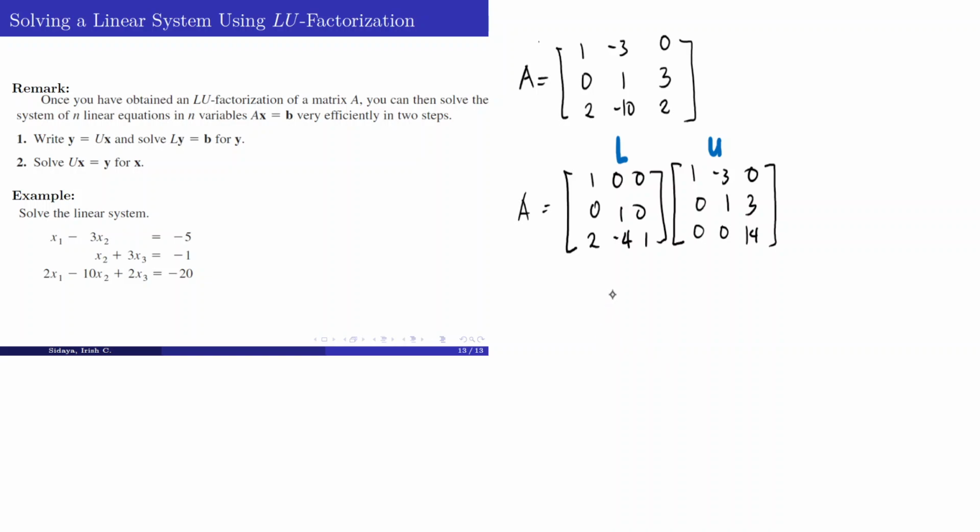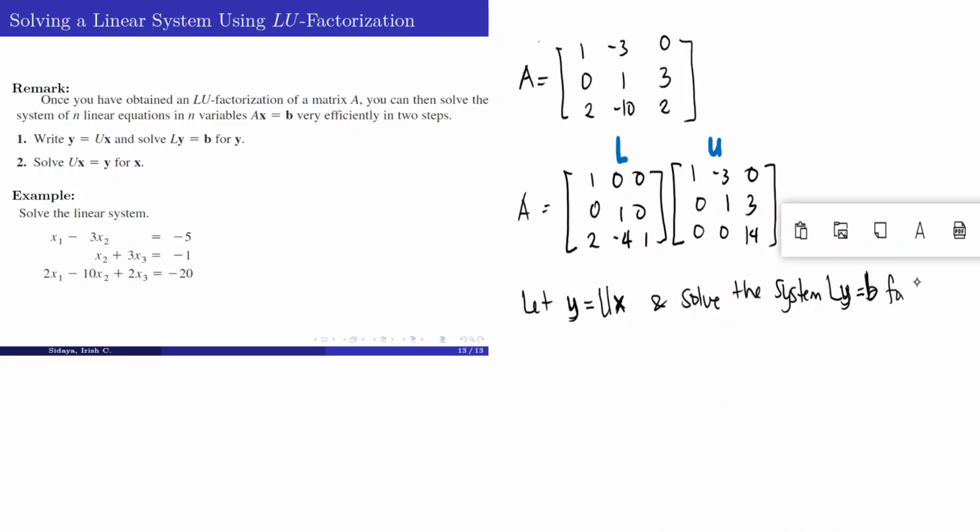Now, following the steps given, let us first let y be equal to Ux and solve the system Ly equals b for y.